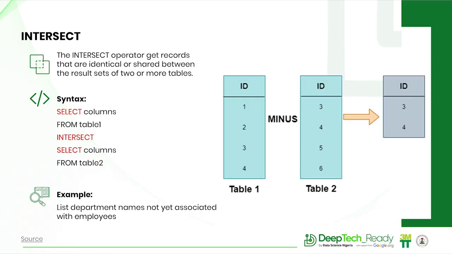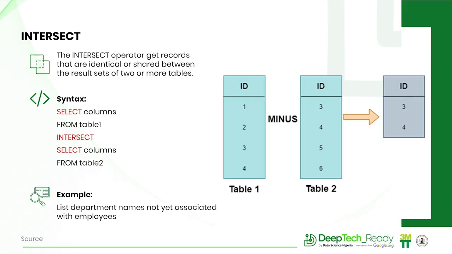We have an image to illustrate how the intersect operator works. We have table 1, which has IDs of 1, 2, 3, and 4. Then we also have table 2, which has IDs of 3, 4, 5, and 6.